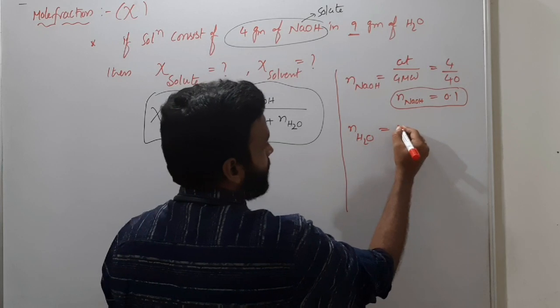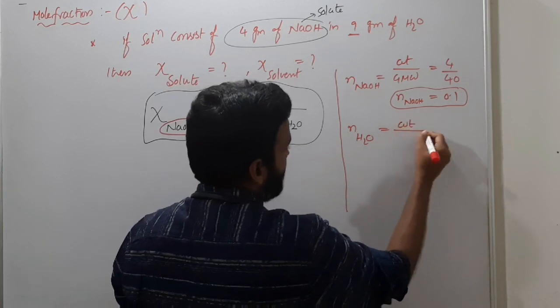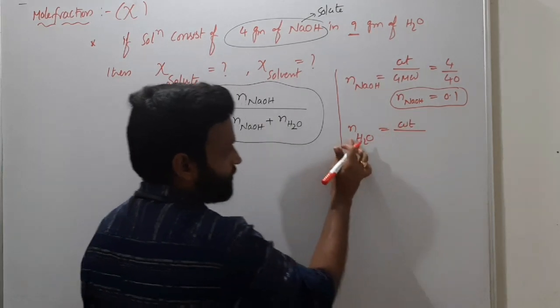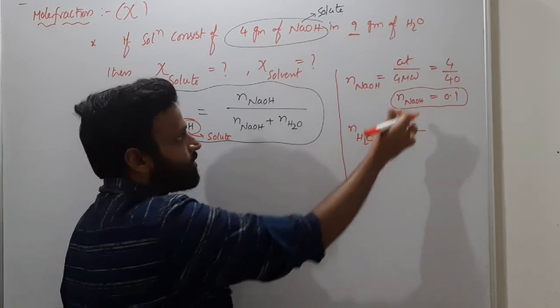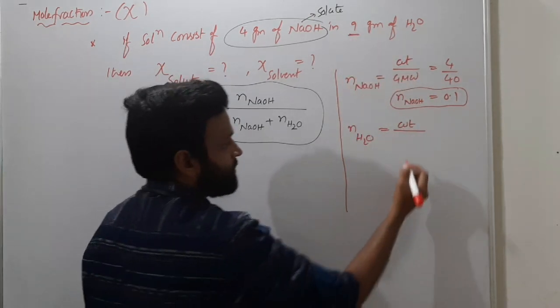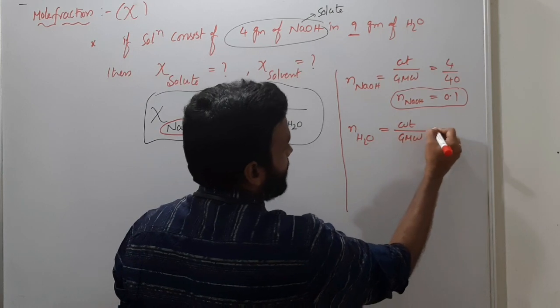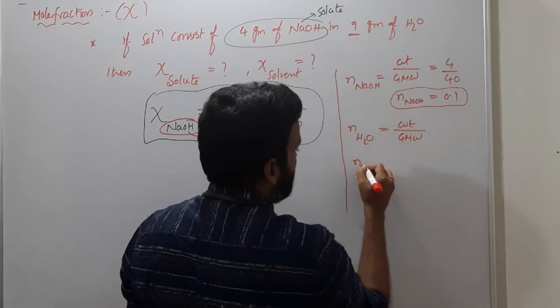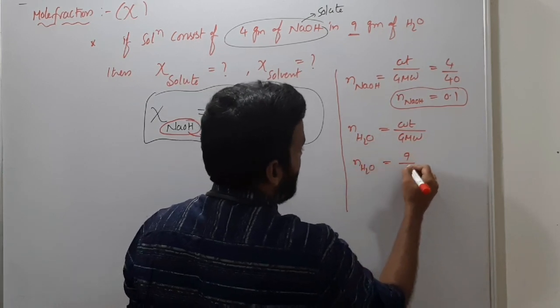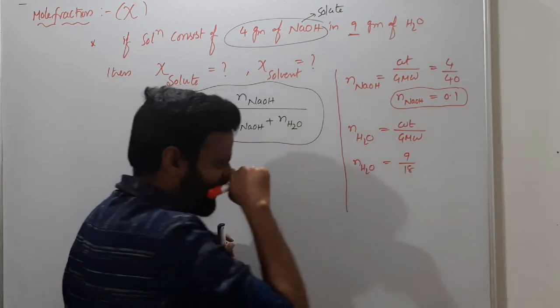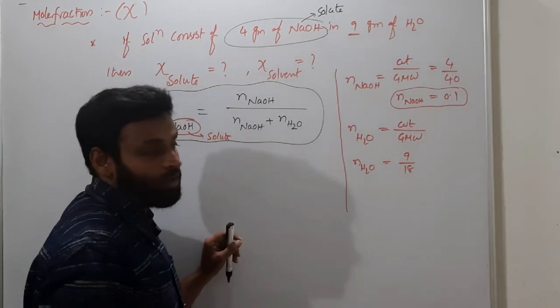In the same way, the number of moles of water is the weight of water divided by its gram molecular weight. Water is 9 grams, so it is 9 by 18, where 18 is the gram molecular weight of water.